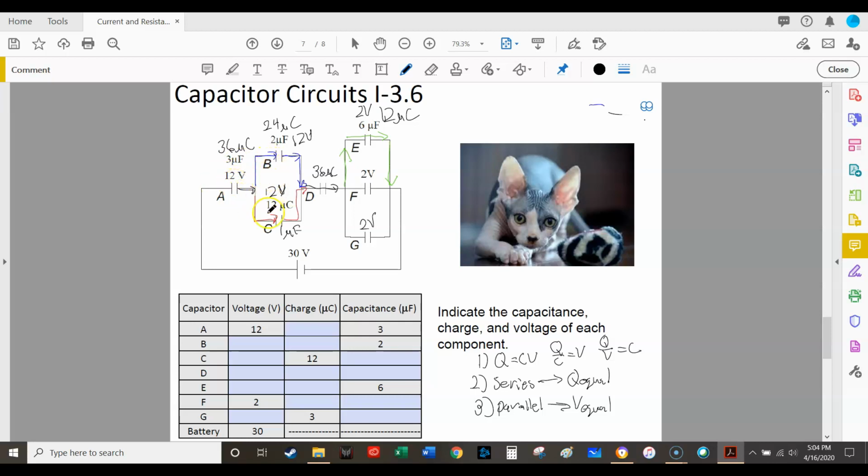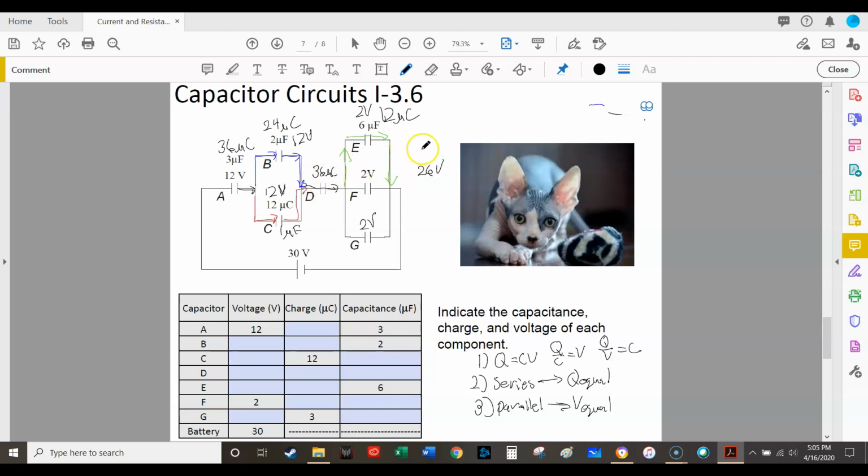And although B and C are in parallel with each other, that doesn't mean you go, this is 12 volts and this is 12 volts, so that's 24 volts. Well, stuff in parallel is just the same voltage. So this only counts for 12 volts. 12 volts plus 12 volts, now we're at 24 volts. This branch is only 2 volts, so that's going to be a total of 26 volts so far.